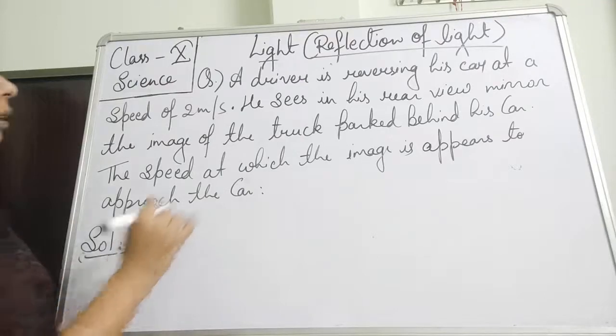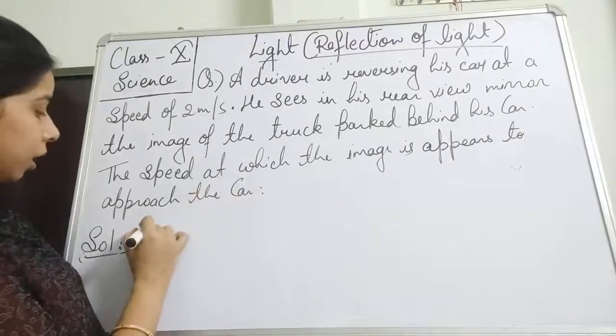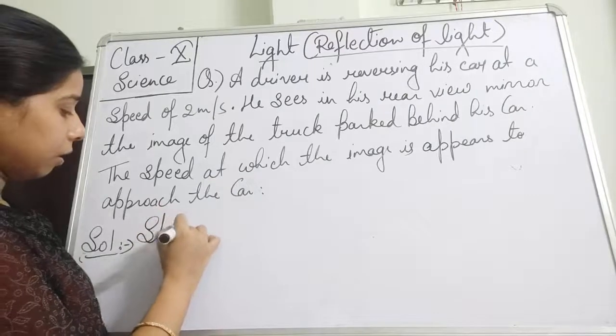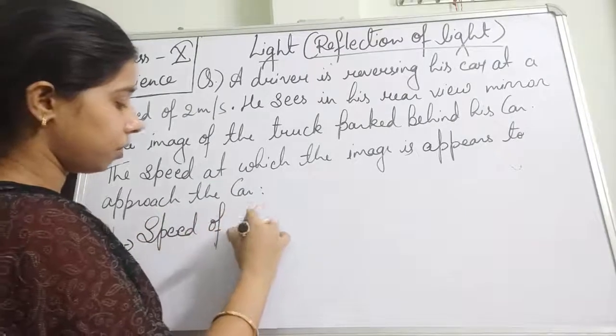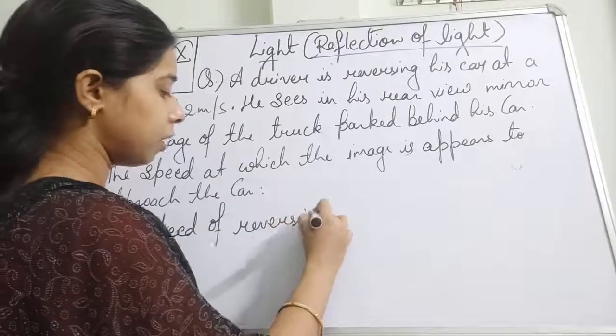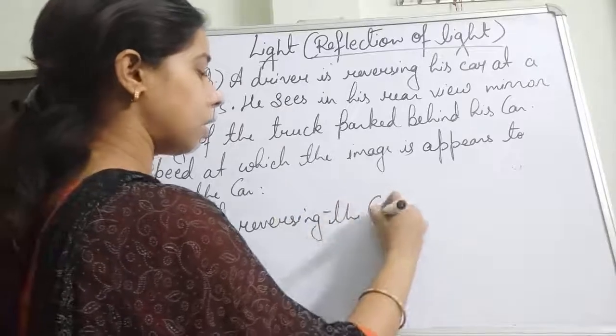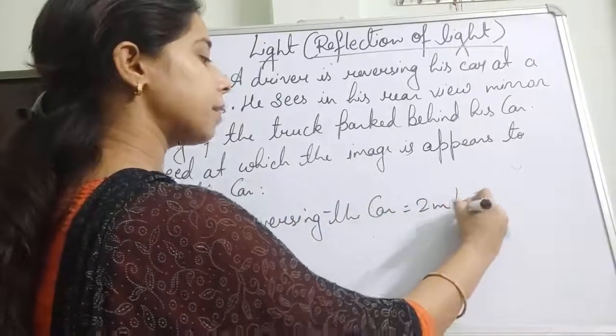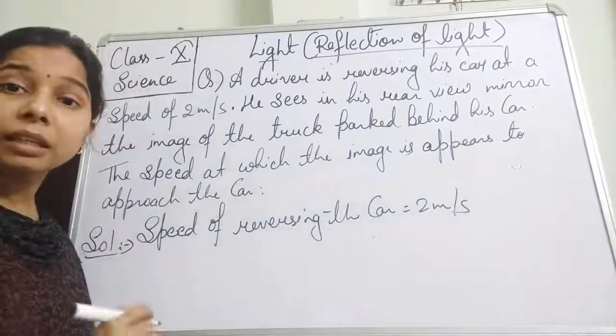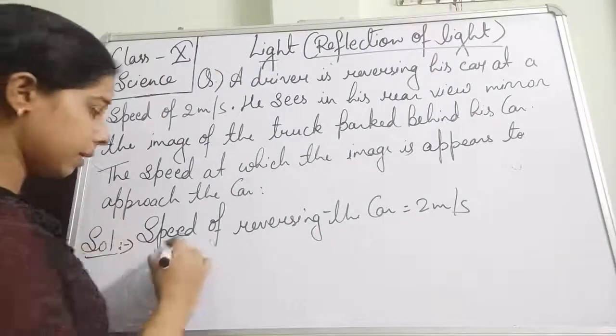So we can write here that the speed with which he is reversing the car is equal to 2 meter per second, and the speed of the image will also be 2 meter per second.